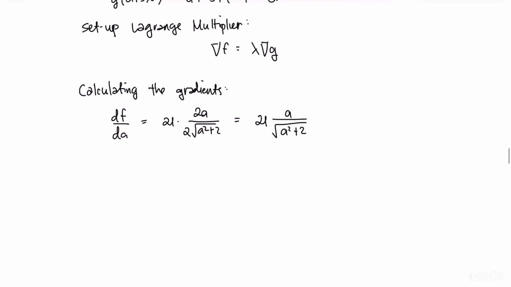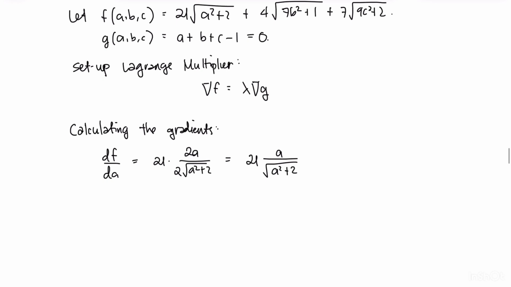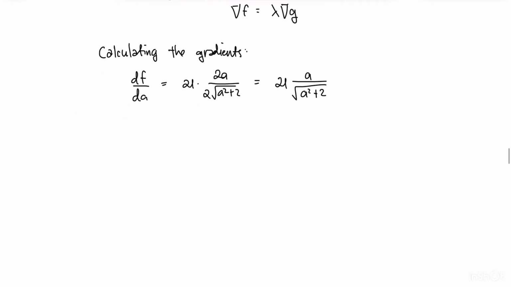Now I'm going to take the gradient of the second term. So df over db is 4 times 14b over 2 times the square root of 7b squared plus 1. And this further simplifies to 28b all over the square root of 7b squared plus 1.